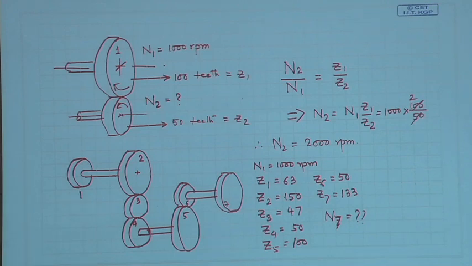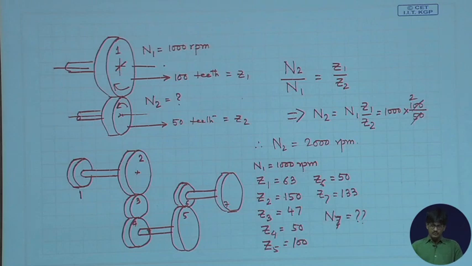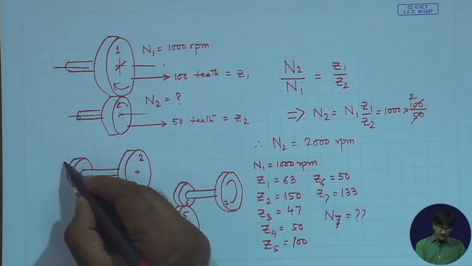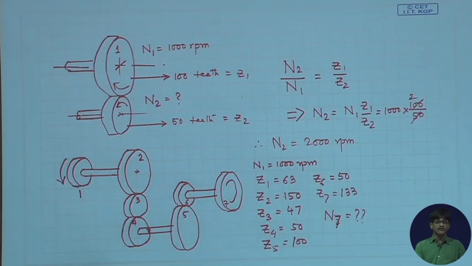Now, first of all, we should look at the problem this way: what are we supposed to find out? This rotational speed. So, we are given N1.